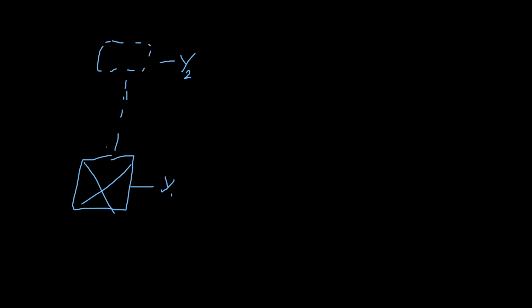So we're going to save ourselves some time by writing the work of gravity is equal to minus, and we'll write UG1 for where y1 is, minus UG2.